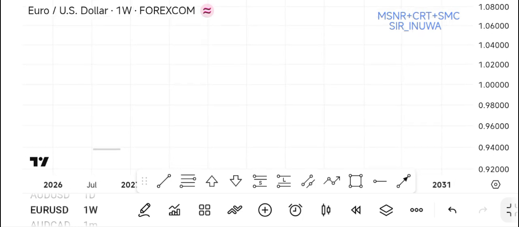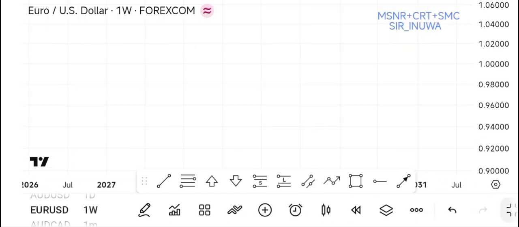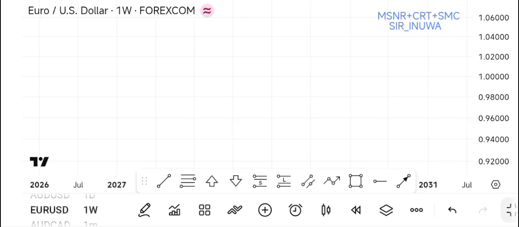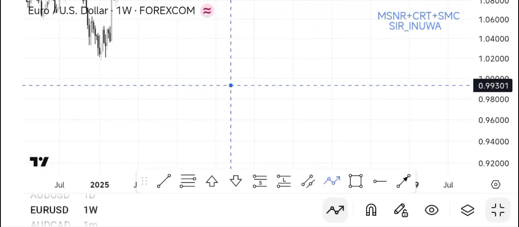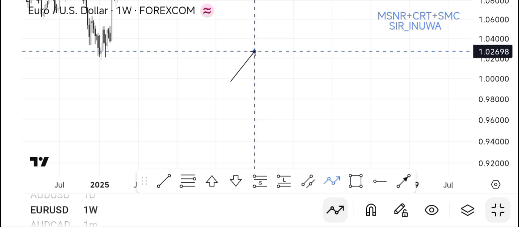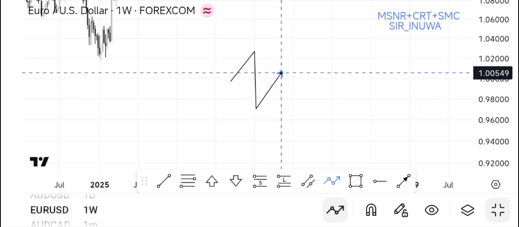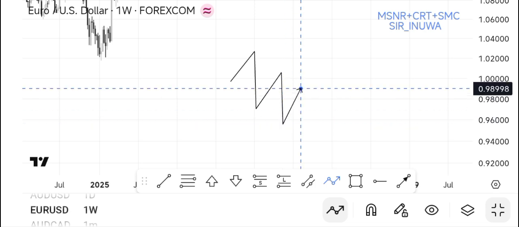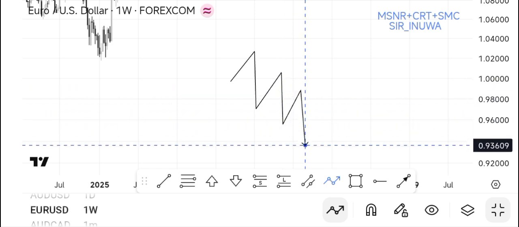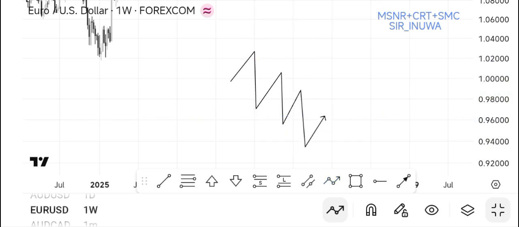So in this trend line liquidity, if we are in a downtrend, the market forms higher high, higher low, higher high, higher low, and higher high.